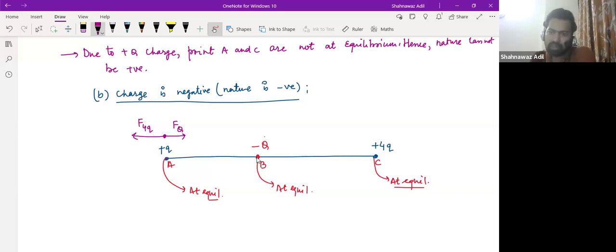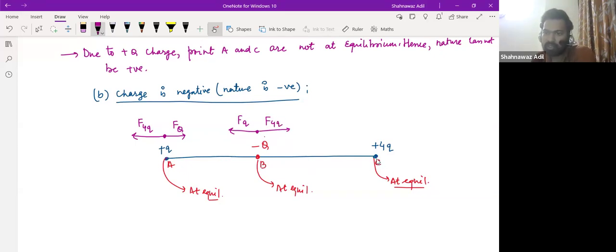Okay, now let's come to this point. Due to this Q charge, would the force be repulsive or attractive? Attractive, right? So this would be towards the left. And due to this plus 4Q charge, the force would again be attractive, so in this direction.